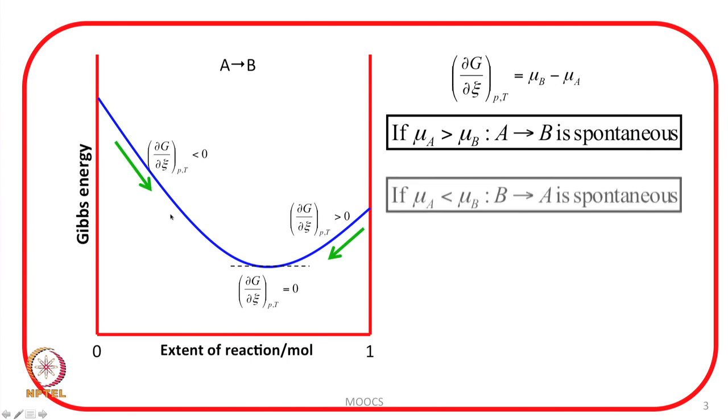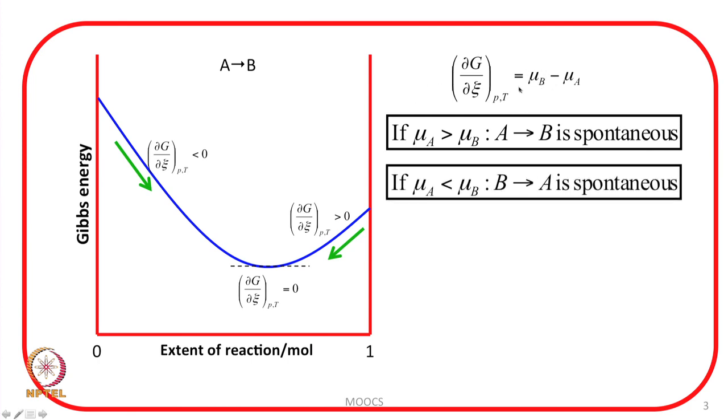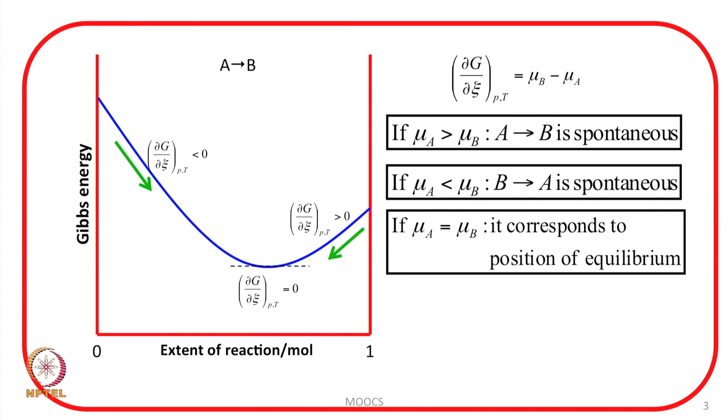On the other hand, if chemical potential of B is higher than the chemical potential of A, then this difference is positive. Positive means the reverse direction is spontaneous. That means we are talking about this region, it will go from B towards A. So, B to A is spontaneous, and if the chemical potentials of A and B are equal, then that is a position of equilibrium, and this corresponds to this minima where the slope is equal to 0.